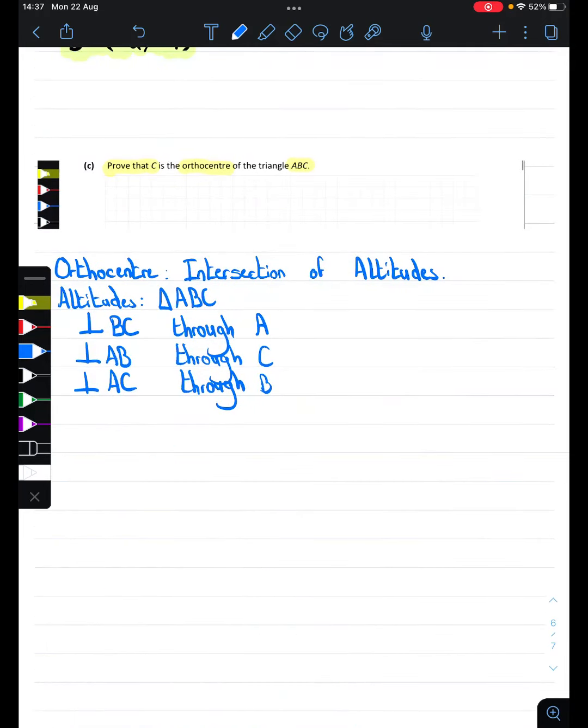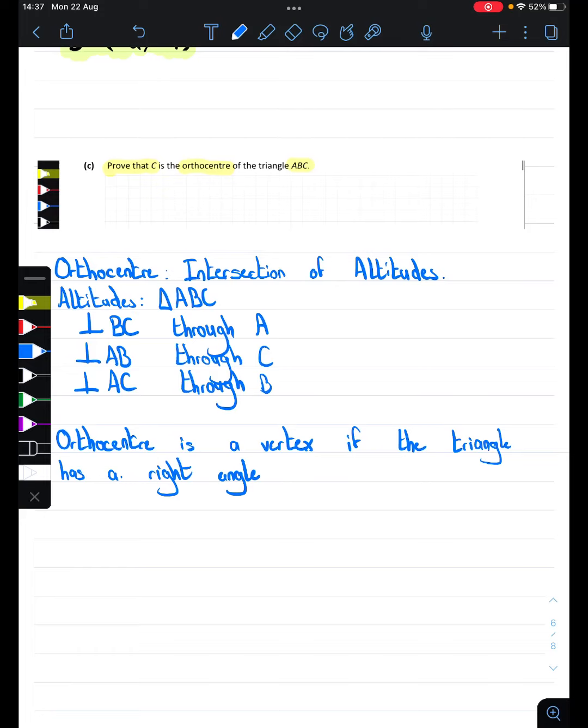The orthocenter is a vertex if the triangle has a right angle. And the orthocenter is then on the vertex with the right angle, if the triangle has a right angle.